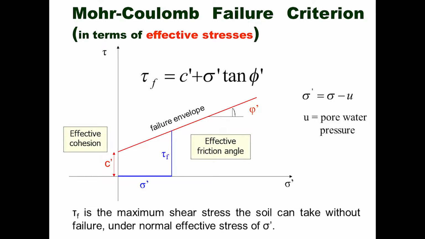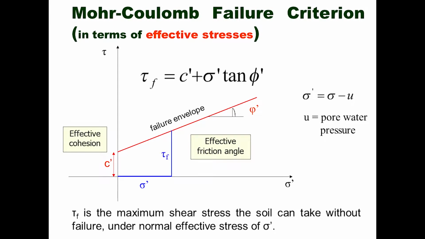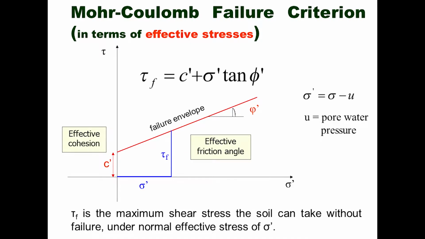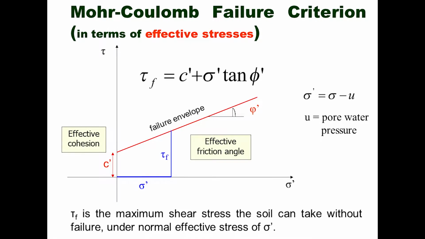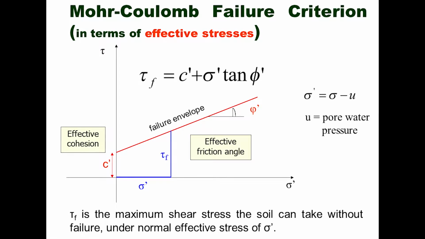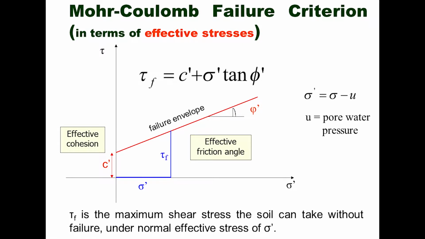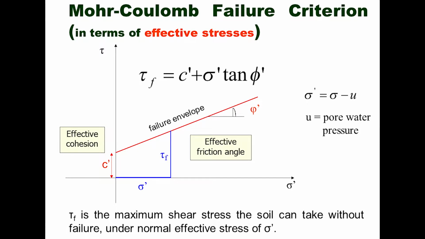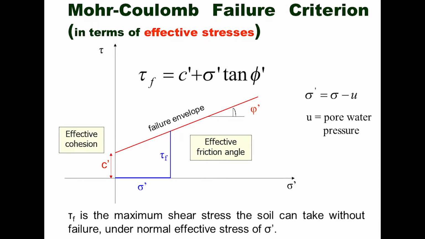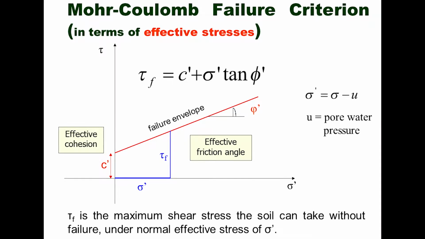Sigma dash is equal to sigma total minus u, where u is the pore water pressure. Sigma dash is the effective normal stress, C dash is the effective cohesion, and phi dash is the effective friction angle.